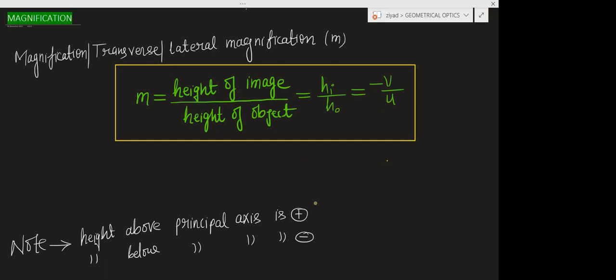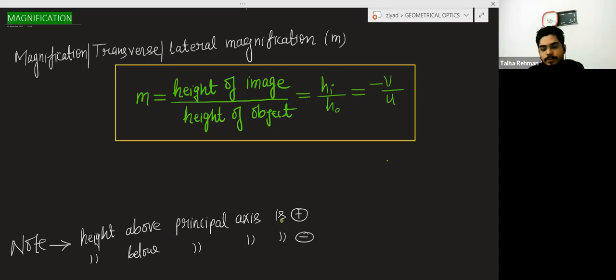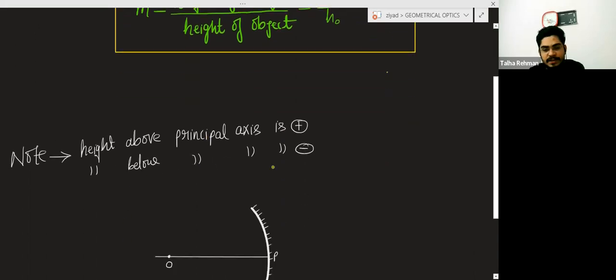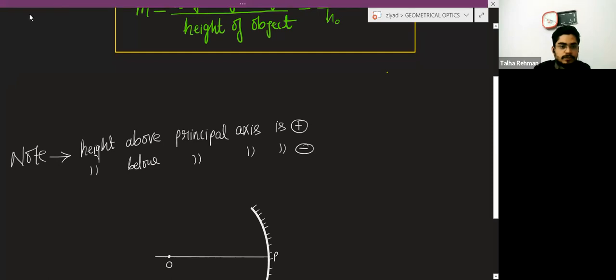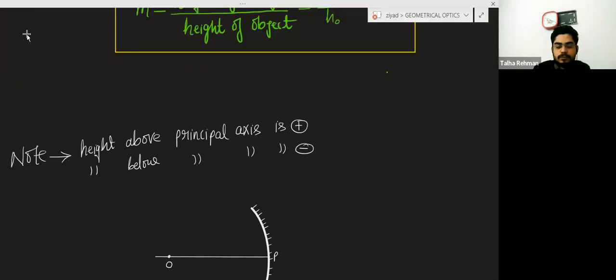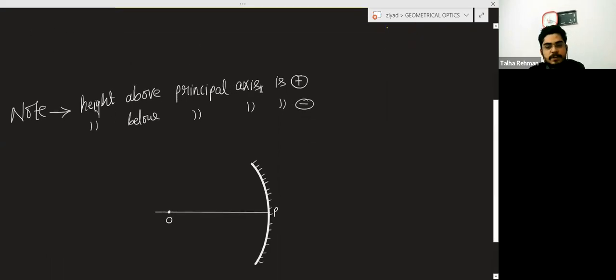Height above the principal axis is positive and height below the principal axis is negative.